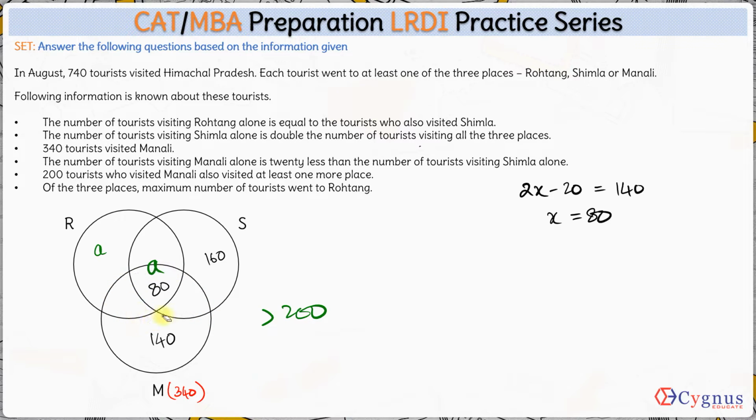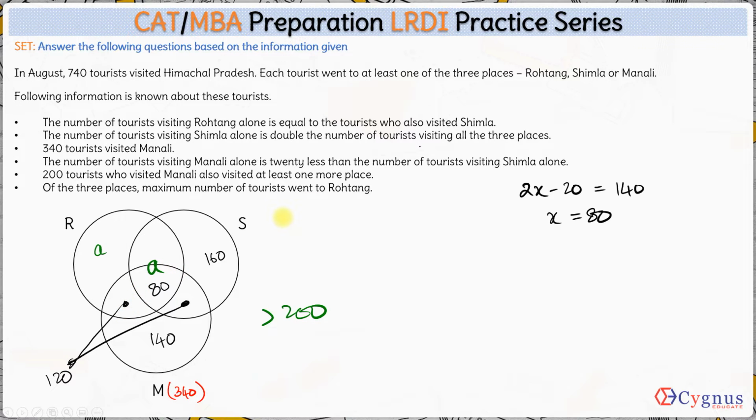Out of these three regions, the value of this region is already known, which is 80. So this region along with this region, the sum of the number of people visiting these two regions is 120. 200 minus 80 is going to be 120 here.